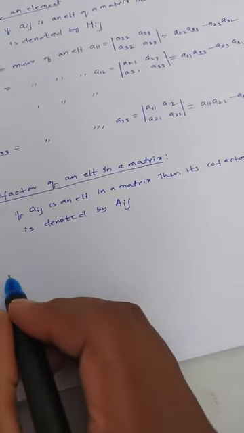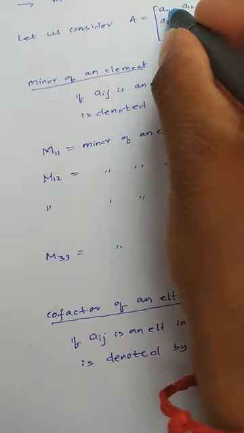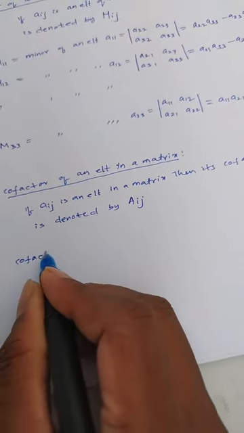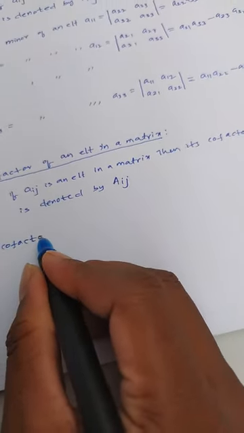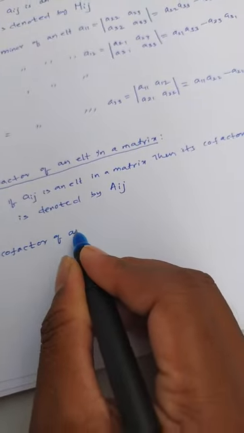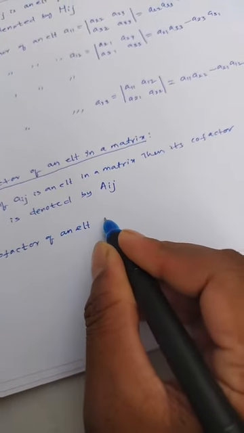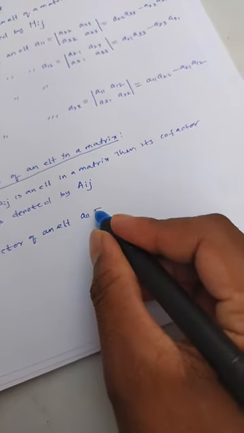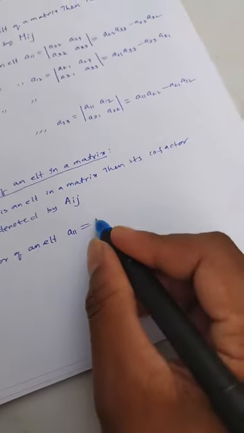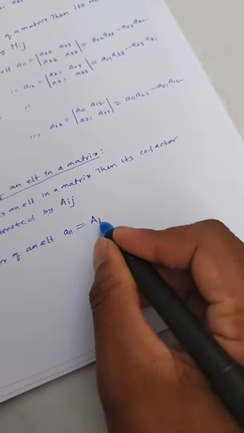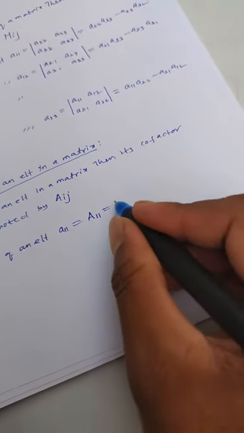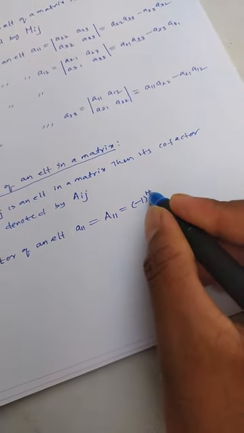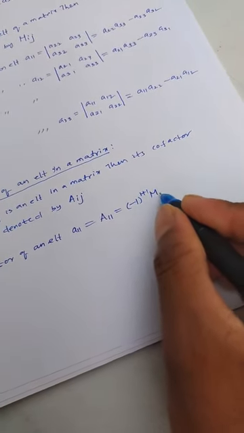So first of all, I am going to find the cofactor of the element A11. The cofactor of A11 is denoted by capital A11 and is defined as minus 1 to the power of 1 plus 1 times its minor.